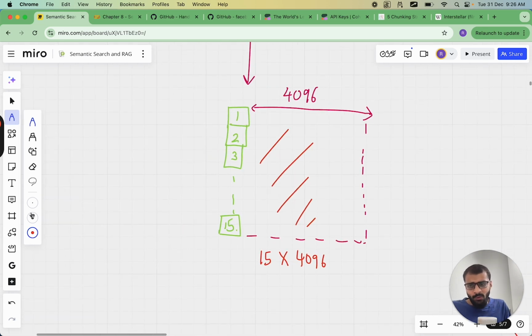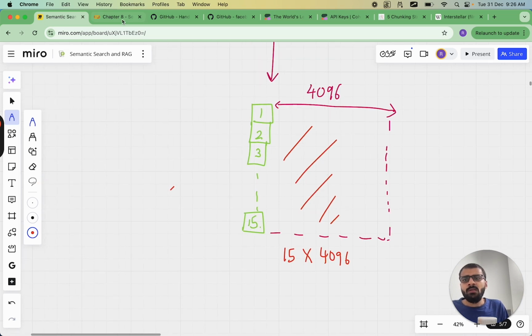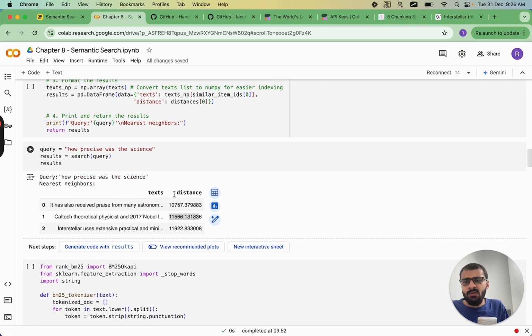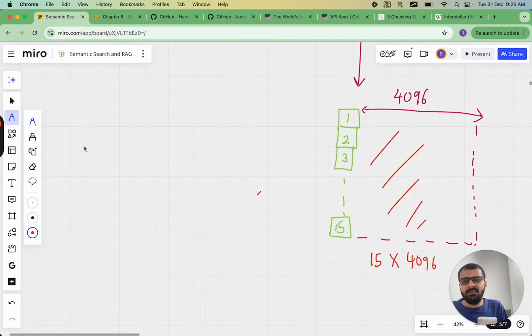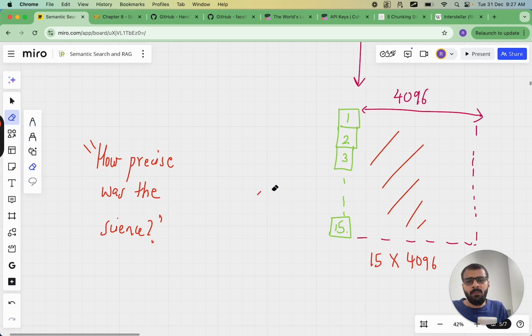Alright, and then whenever you had an input query, let's say the query which we had was how precise was the science, right? So let's say this is the query. How precise was the science? Let's say this is my query.